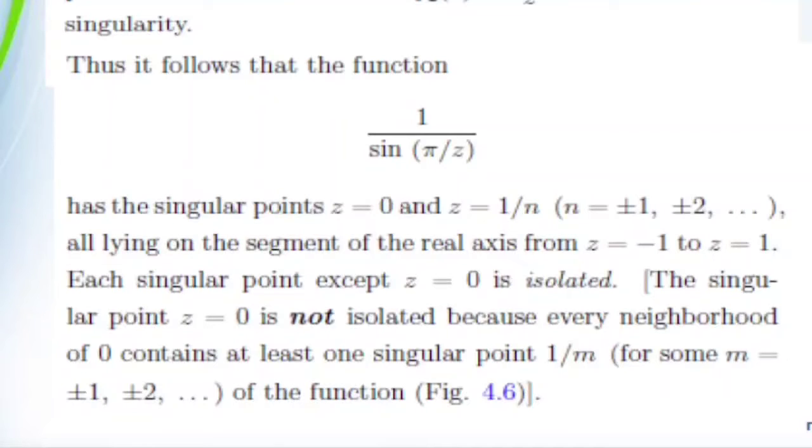So all these points 1 by n are isolated, but z equal to 0 is not an isolated singular point of this function f of z equal to 1 by sine pi by z. Its singularities are 0 and 1 by n, n equal to plus or minus 1, plus or minus 2, etc. So when we take a neighborhood of z equal to 0, we can find infinitely many other singular points of the form 1 by n. So z equal to 0 is not an isolated singular point here.